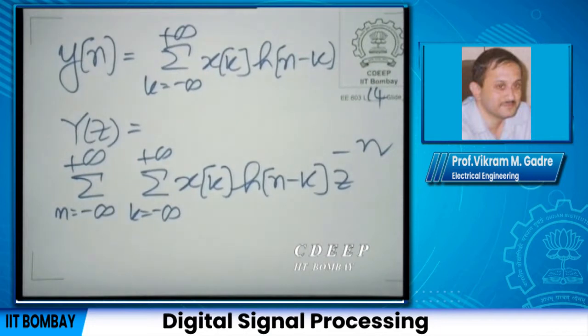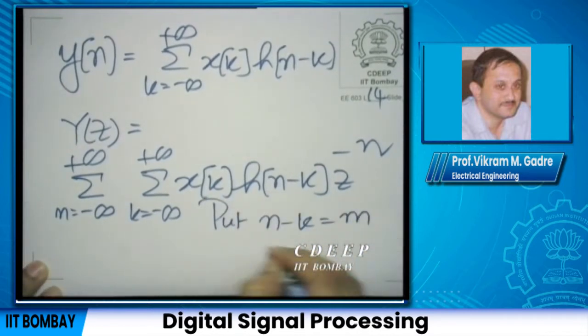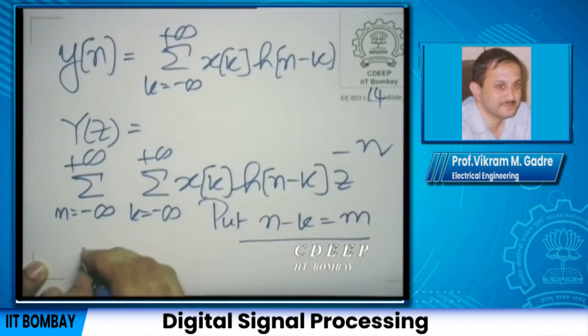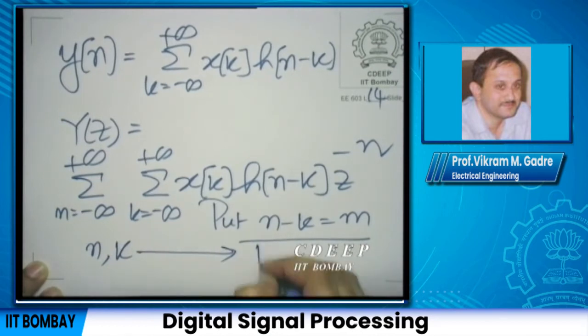And of course, we use the same strategy as before. We put n minus k equal to another variable m. And now, instead of n and k, we go to k and m. So, of course, k is as it is. k and n independently run over all the integers. So, for a fixed k, n runs over all the integers.